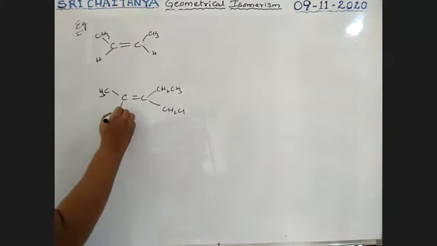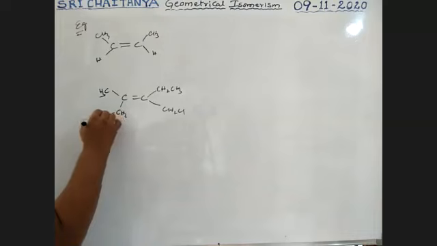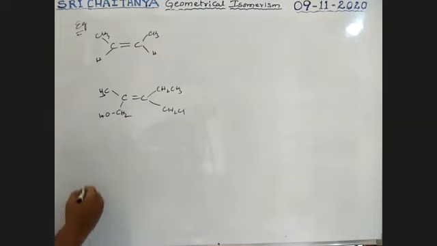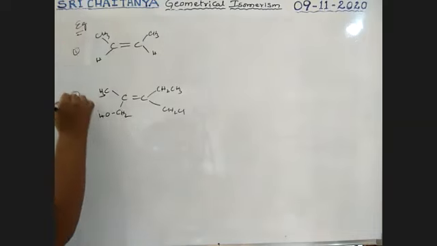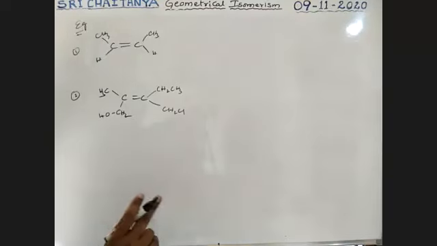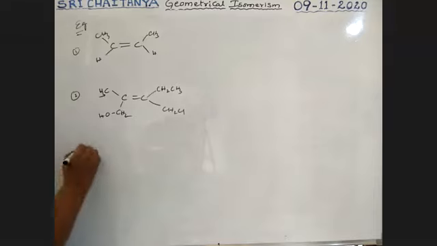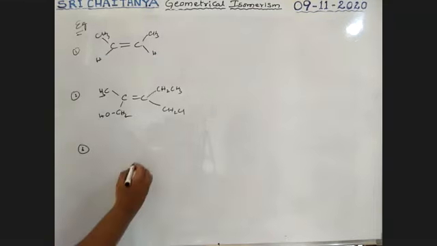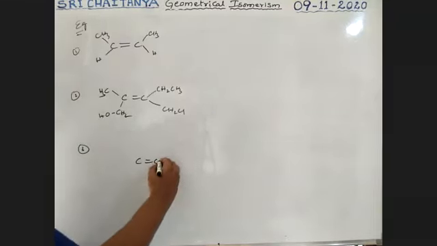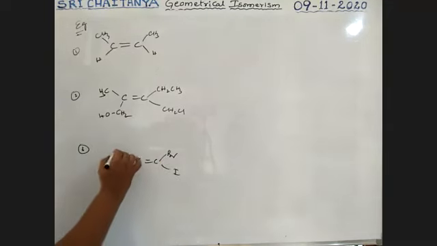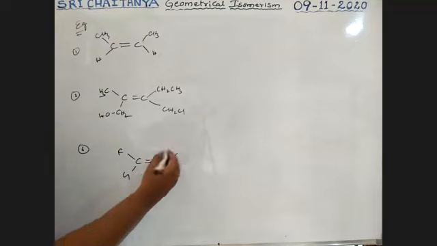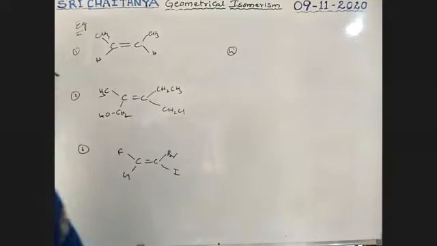It is bonded with CH2OH. First one, second one. Tell me which one is cis, which one is that, or E or Z? EZ condition. Okay. Third one. C double bond C. Br, Cl. Fourth one.